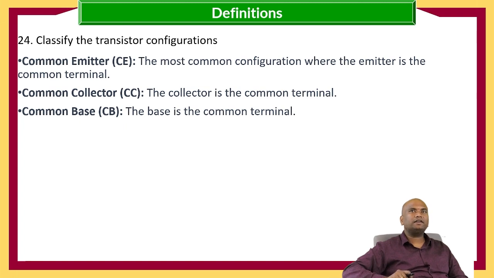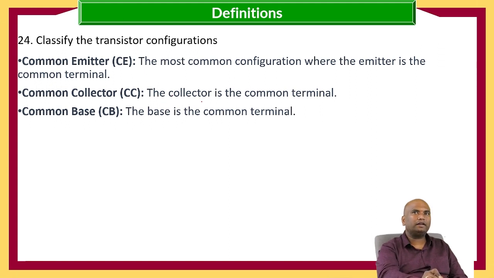Classify the transistor configurations. There are three different types of transistor configurations: common emitter, common collector, and common base. The common emitter is the most common configuration where the emitter is the common terminal.